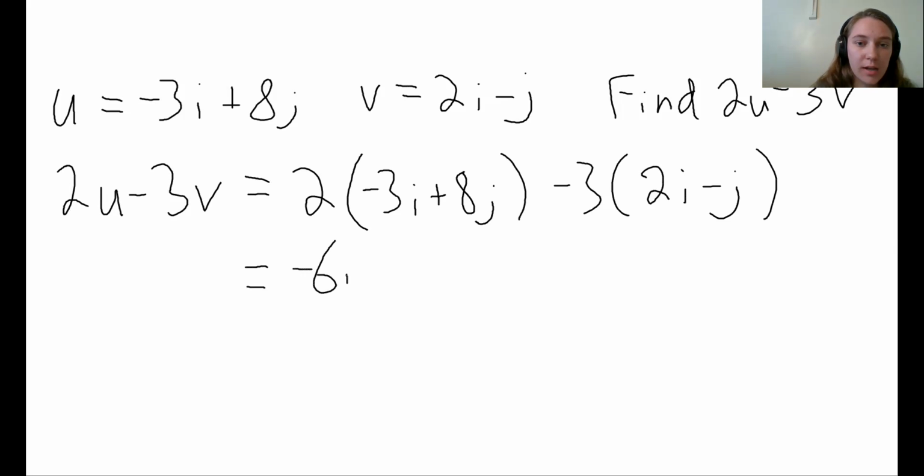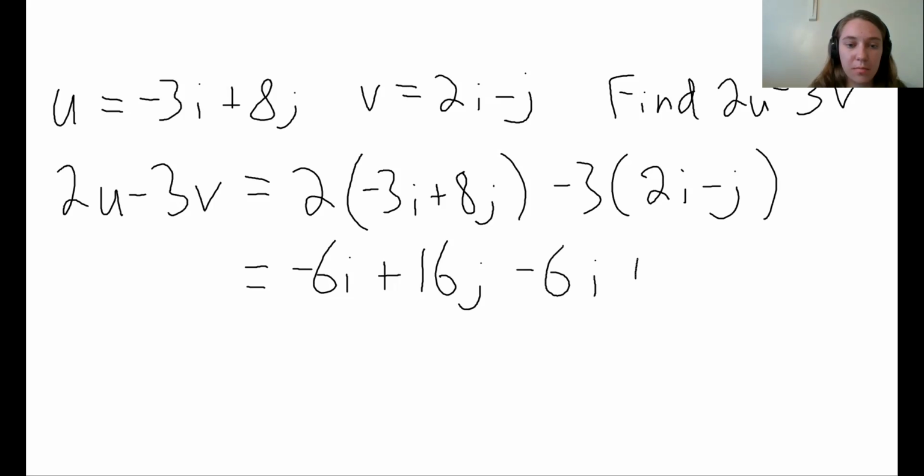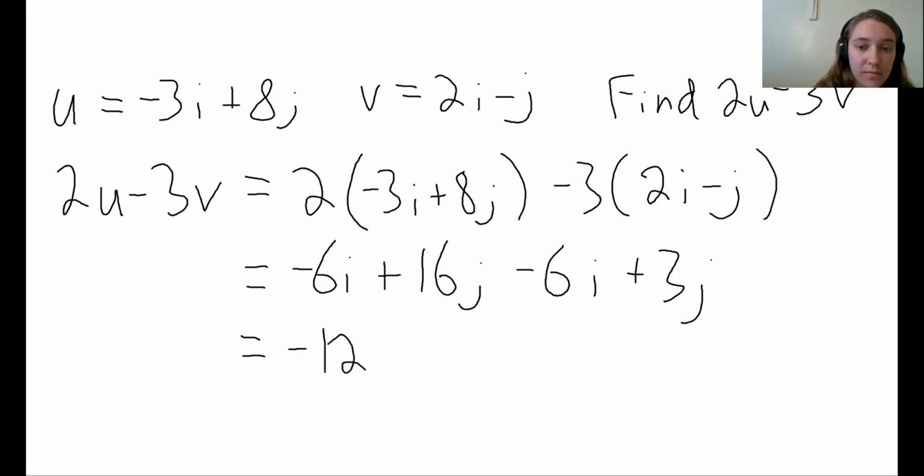Negative 6i plus 16j. Then negative 3 times 2 is minus 6i, plus 3j. And now we're going to combine like terms, combine our i's and combine our j's. So it's going to be negative 12i plus 19j.